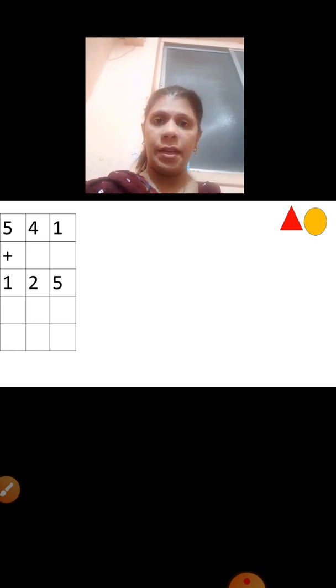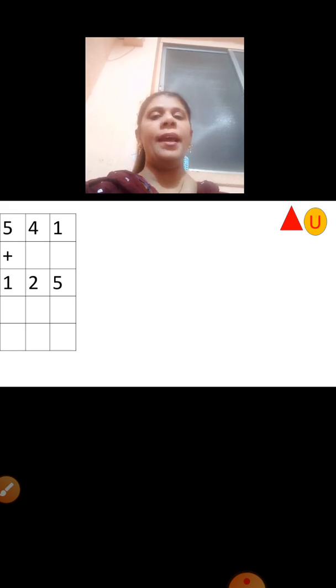541 plus 125. Now see which number is in unit place? Number 1. So how many units are we going to draw? 1. Now, which number is in tens place? Number 4.